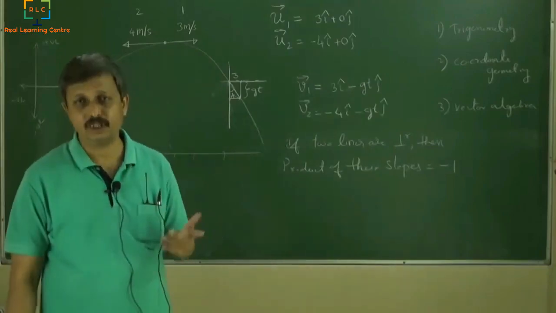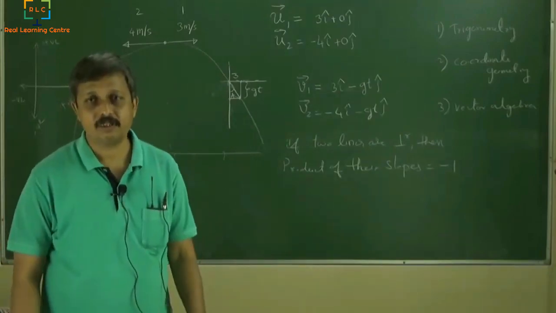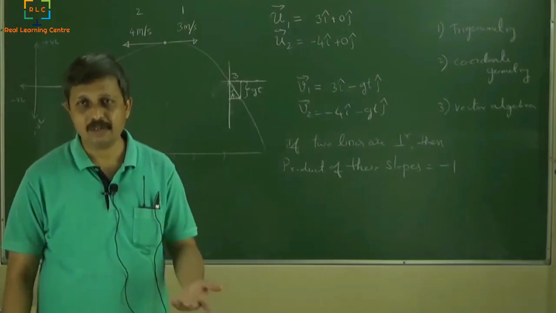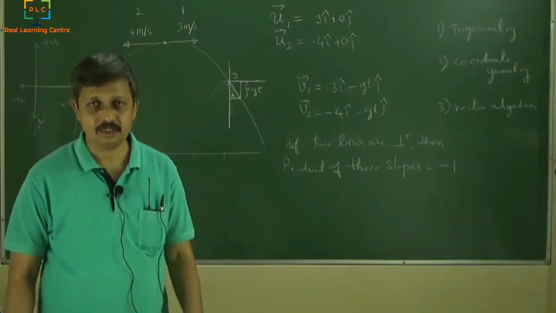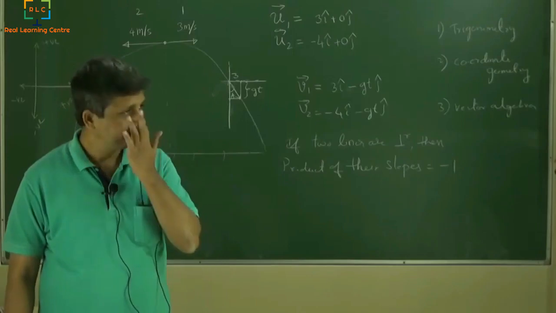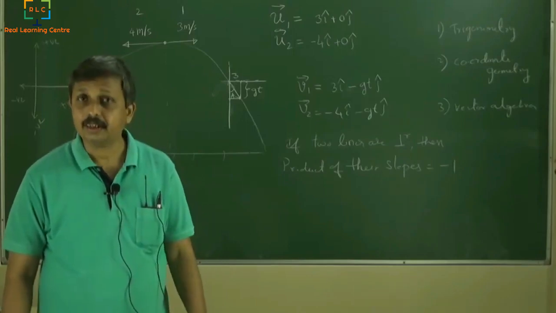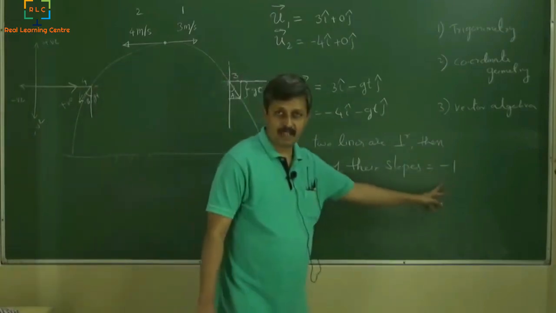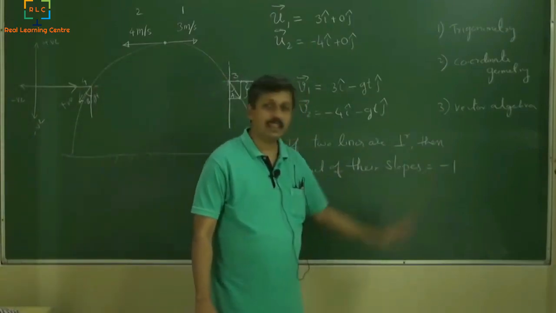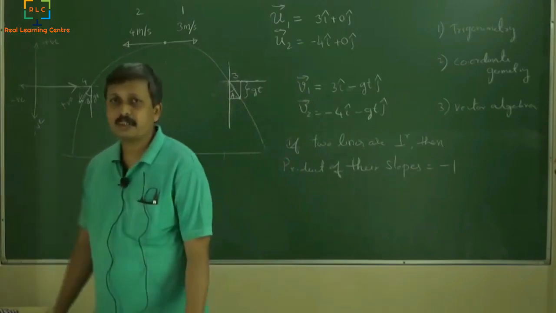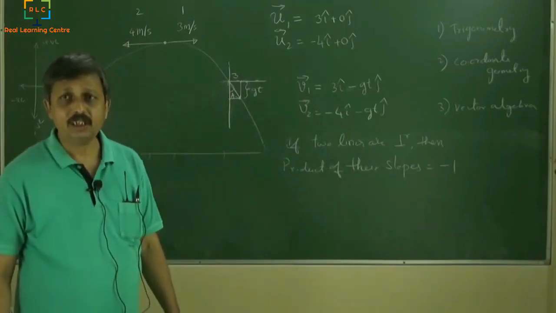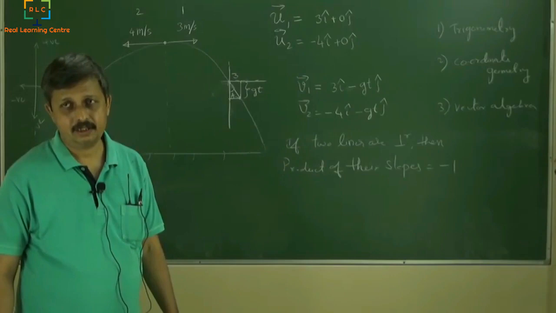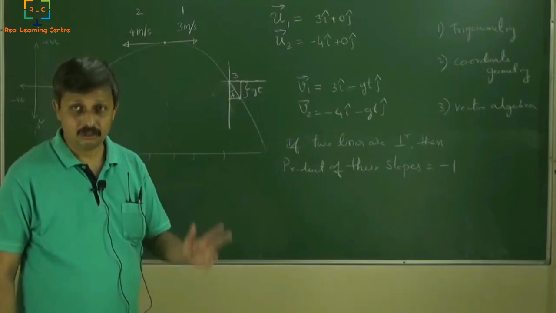When they do lines for you, they will tell you this. Mostly in 11th it will come, or maybe, I don't know, in 10th some people would have studied. So if two lines are there and if you multiply their slopes and it gives -1, then that means they are actually perpendicular. That is the rule.